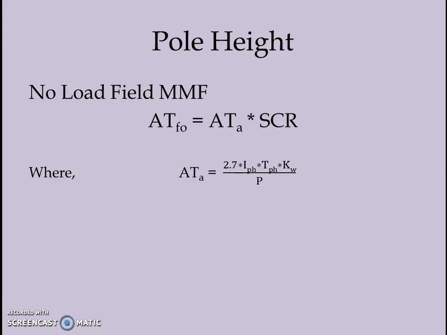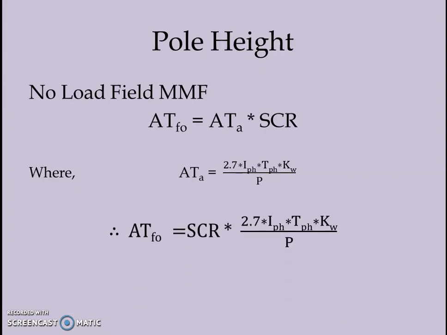And the ampere turns required for the armature we have calculated earlier, that is 2.7 times the product of I phase and T phase, so current per phase and number of turns per phase, multiplied by kW, the stator winding factor, and divided by P, per pole.